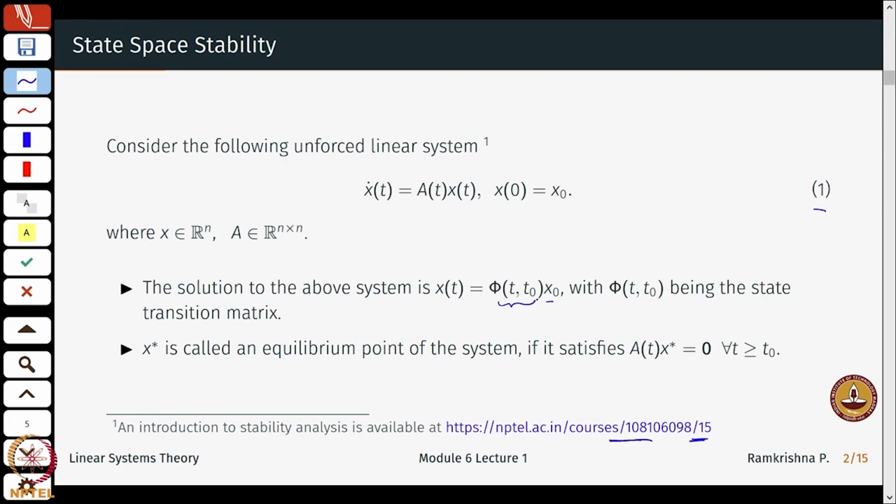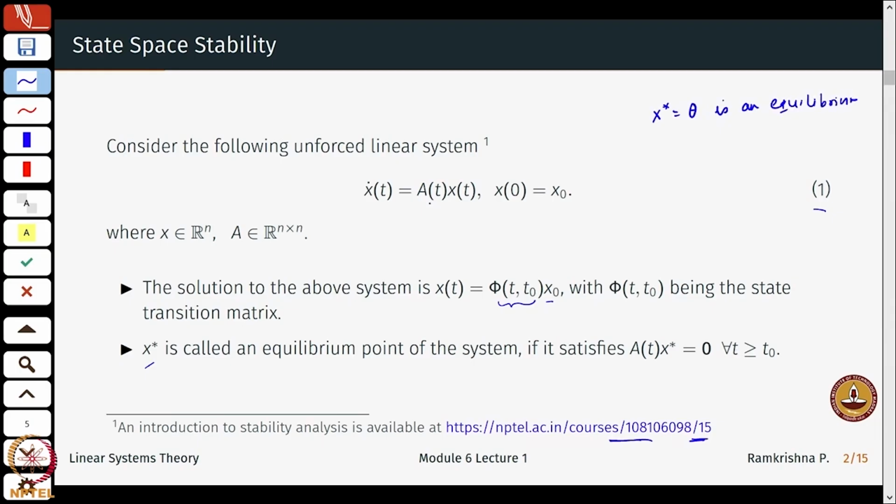What we also know is that x star is an equilibrium point of the system if it satisfies A x star equal to 0, and in most linear cases the origin, the 0 vector, is an equilibrium.